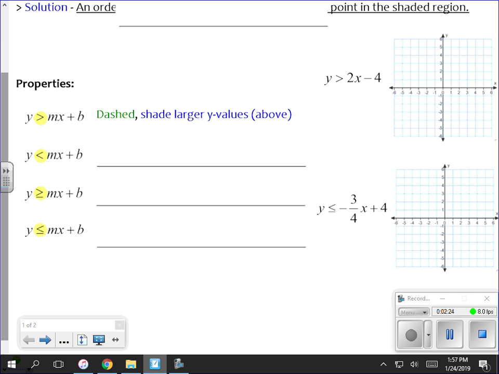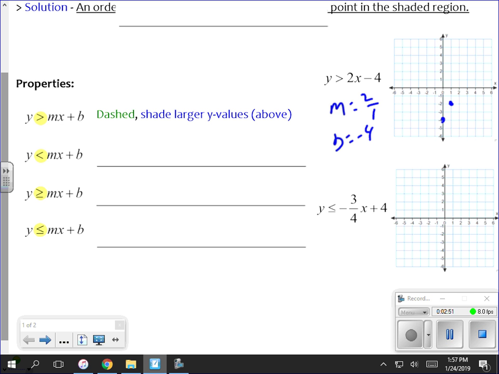For example, if y is greater than 2x minus 4, I graph the line 2x minus 4. My slope is 2, make it a fraction of 2 over 1. My y-intercept is -4, so I put a dot on -4. And I have a slope of 2 over 1, go over 1 and up 2.